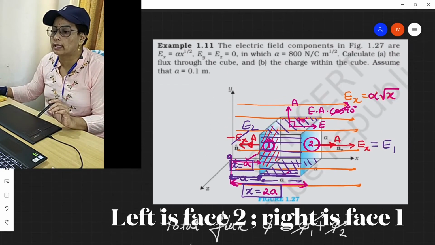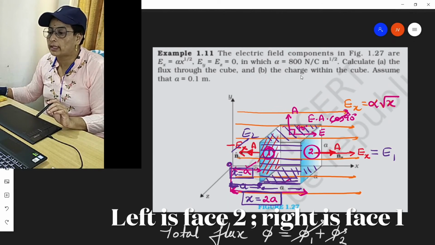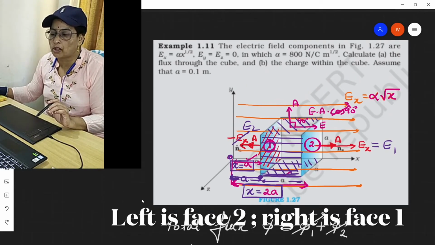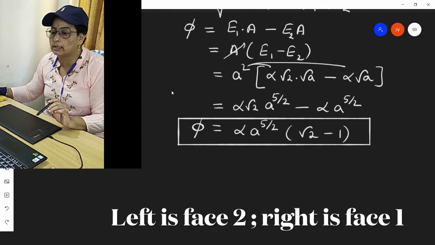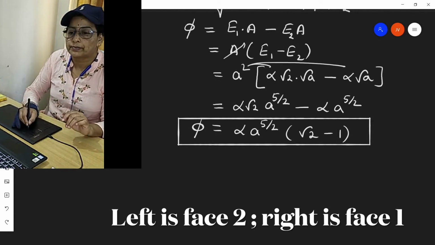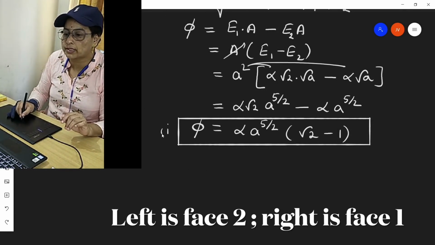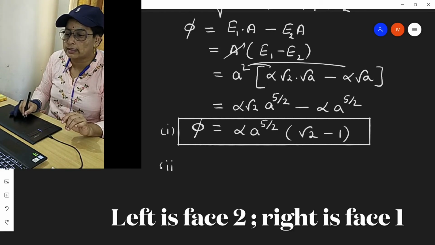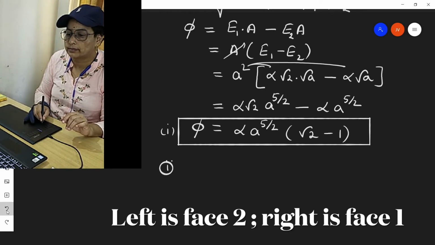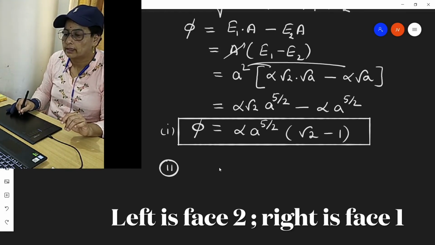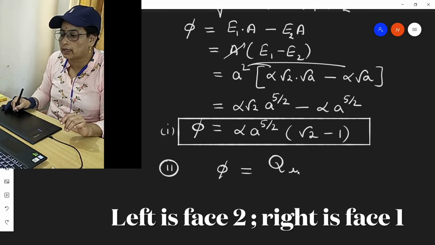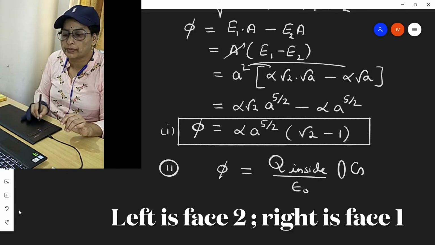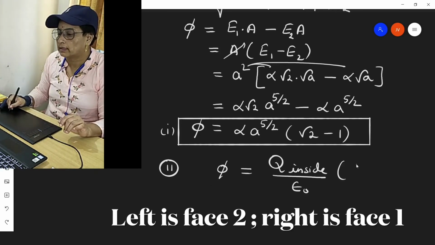Now the question also says to find the charge within the cube. So how much charge is enclosed within the cube? This was the first bit. The second bit is: according to Gauss law, total flux is the total charge enclosed inside divided by epsilon naught.